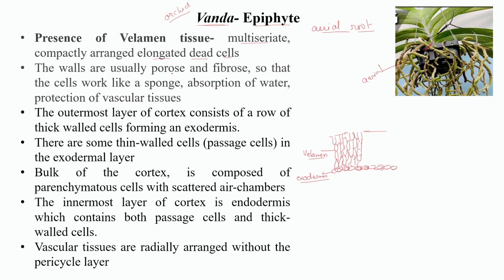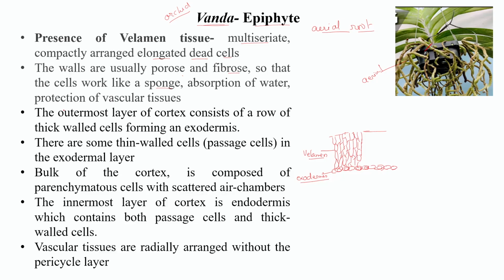These velamen tissues are definitely porous and fibrous, so they will behave like a sponge. They will absorb moisture from the atmosphere like a sponge, and they will also protect the vascular tissue. Similarly, the exodermis. Now you can see that in between the exodermis, some cells will be thin walled. See, the exodermis is thick walled cells and it is suberized, suberin is there.